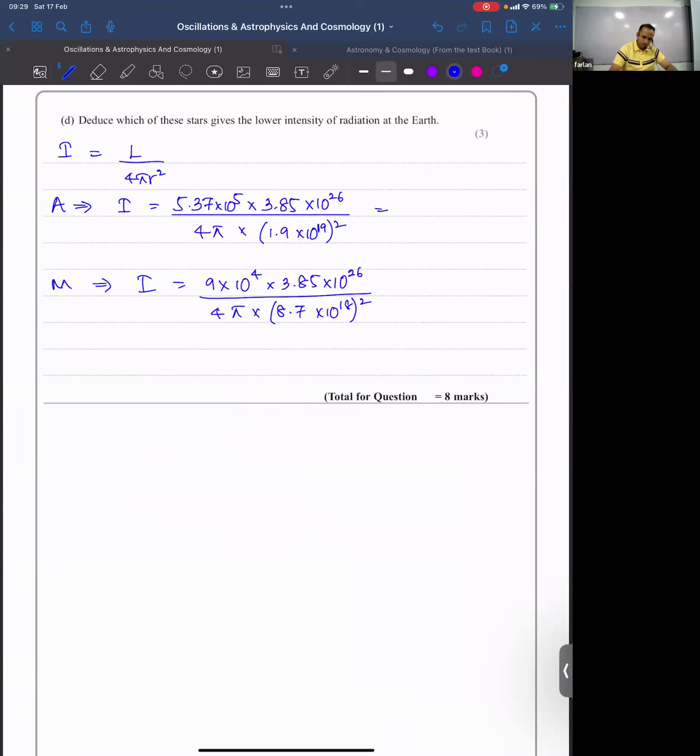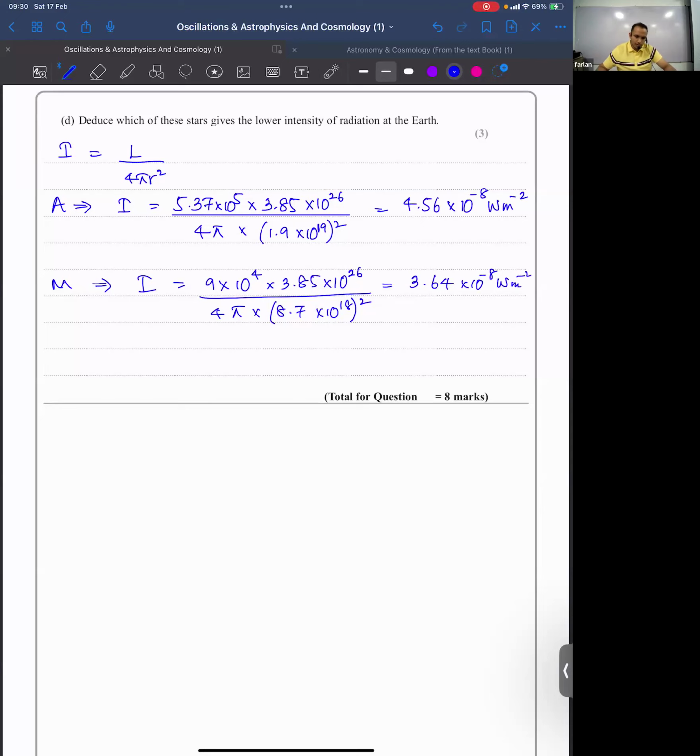This is about 4.56 into 10 to the power minus 8 watts per square meter. This is about 3.64 into 10 to the power minus 8 watts per square meter.